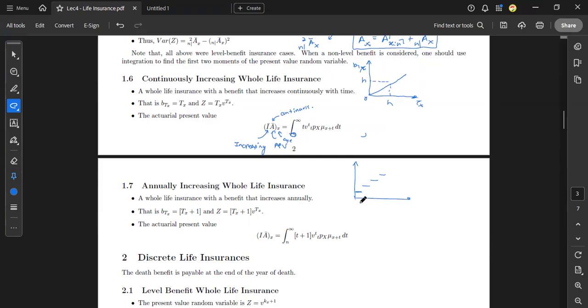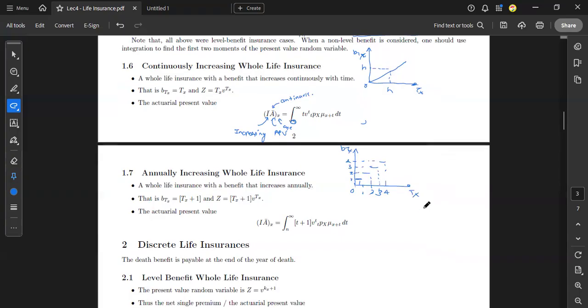Like this, it's like a step function. So it's being increased every year, starting from 0. Now you can replicate this kind of function using a set of level benefit payments.